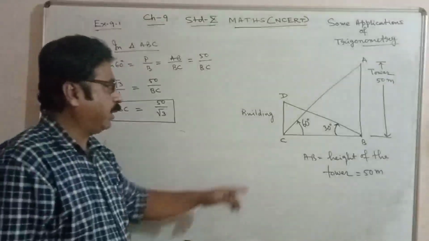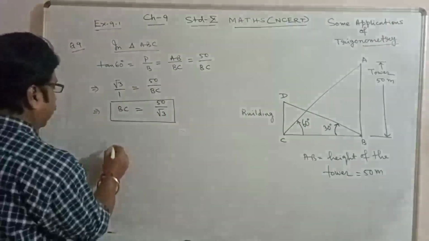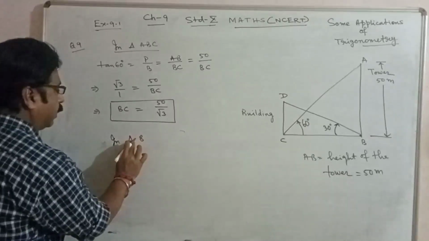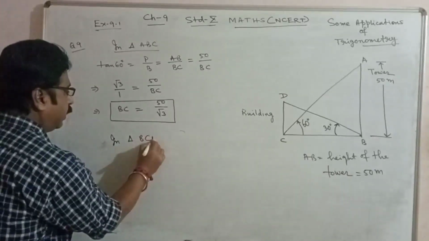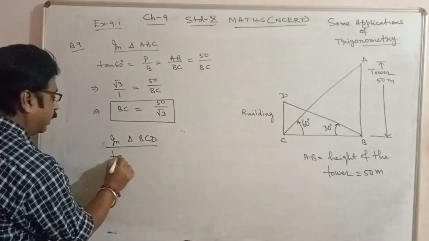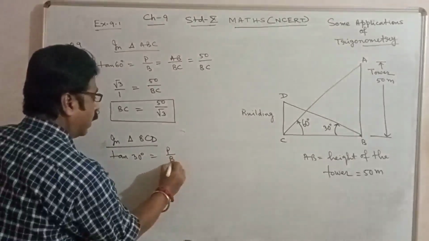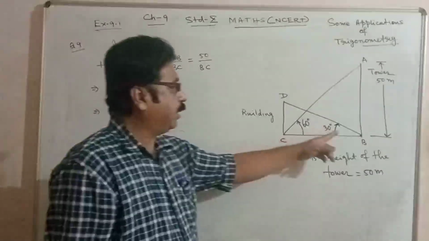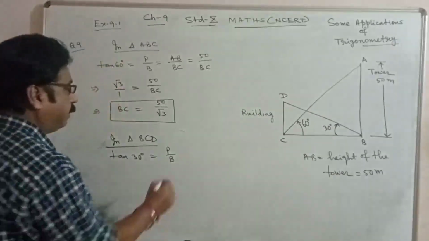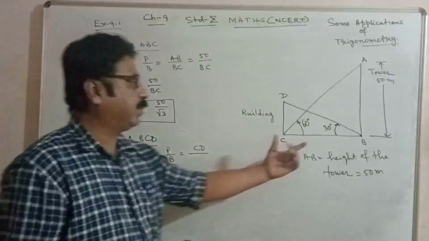Next, we will take the triangle BCD. In triangle BCD, tan 30 degree. For BCD, angle B is 30 degree. This will be the perpendicular CD and base is BC.